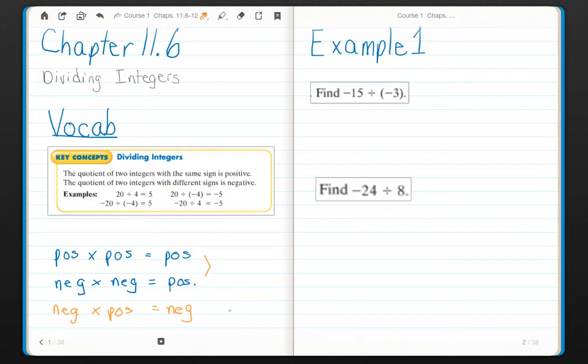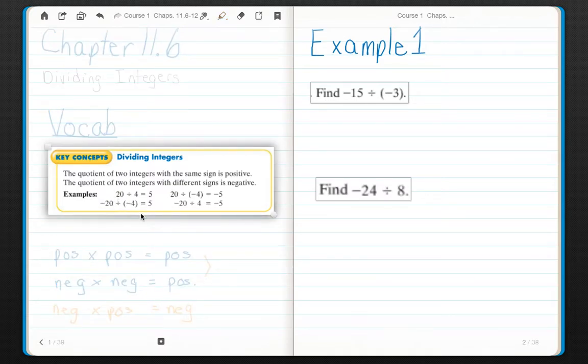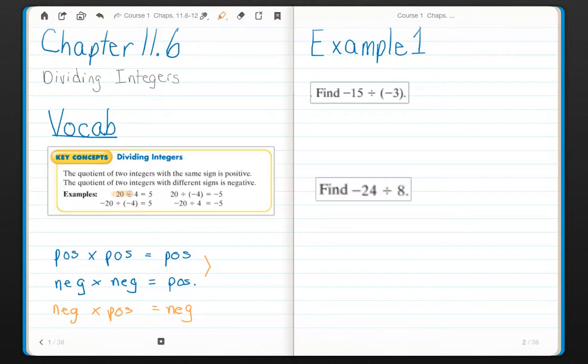Because multiplication and division are opposite operations, the same is true for division. Let's highlight these. If both the dividend and the divisor are positive, then the quotient is positive. If both the dividend and the divisor are negative, then the quotient is positive.